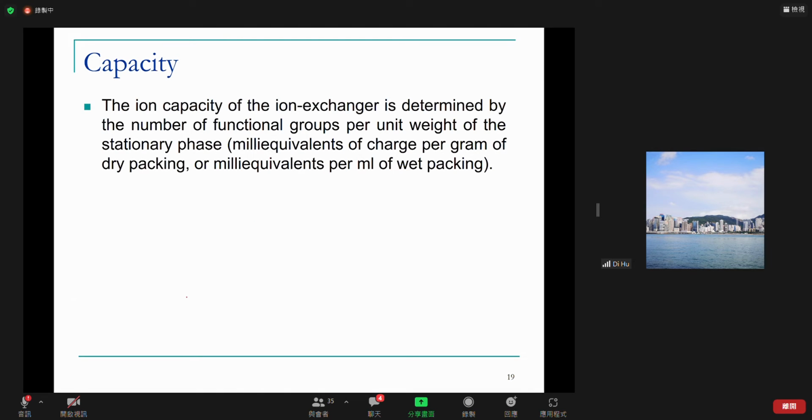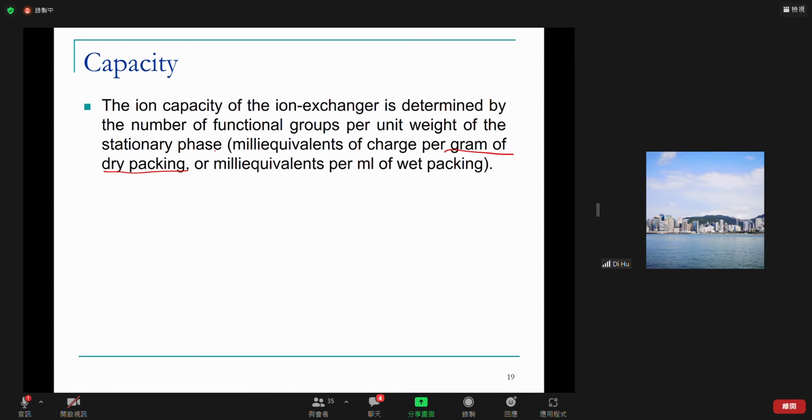So if we talk about capacity, the ion capacity of an ion exchanger is determined by the number of functional groups per unit weight of the stationary phase, normally expressed as milliequivalents of charge per gram of dry packing, or milliequivalents per milliliter of wet packing.